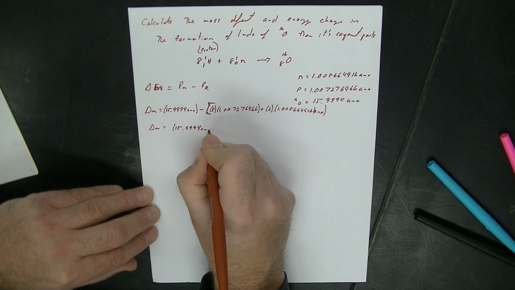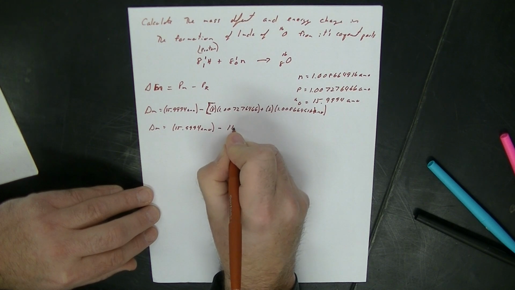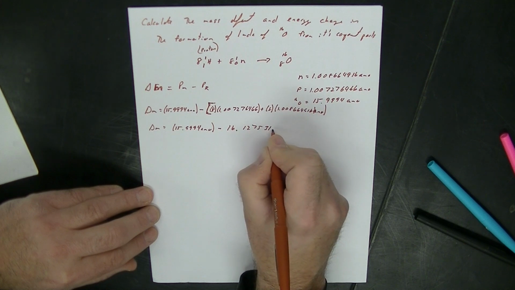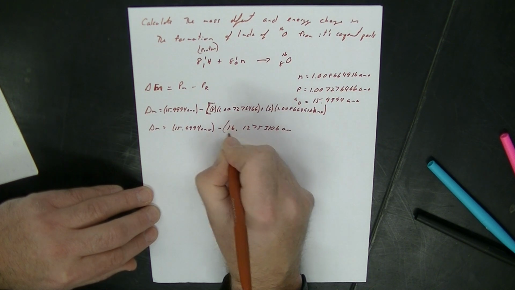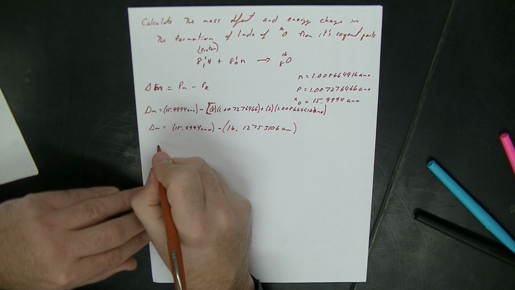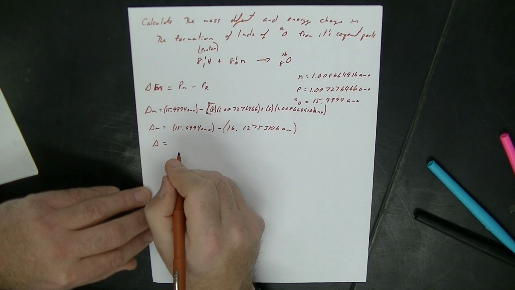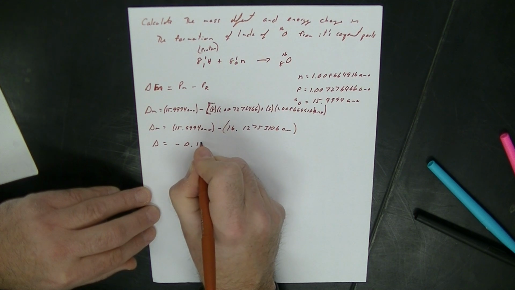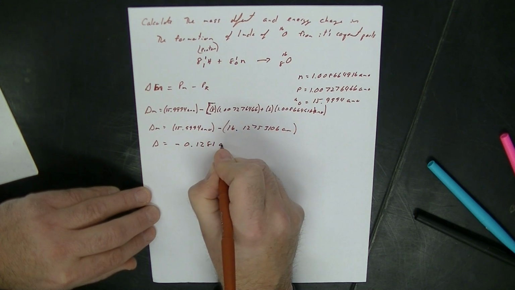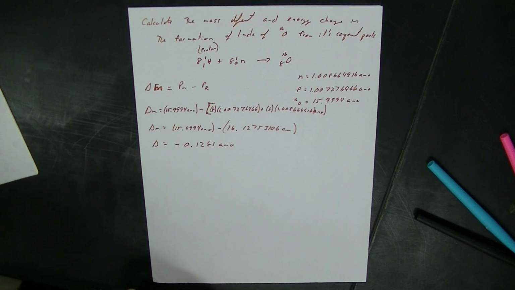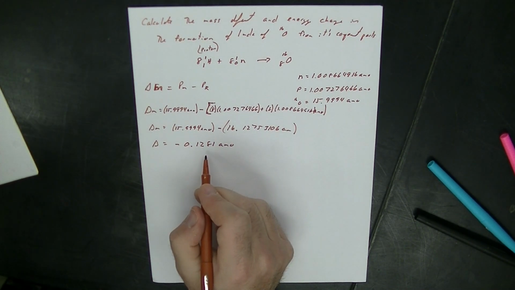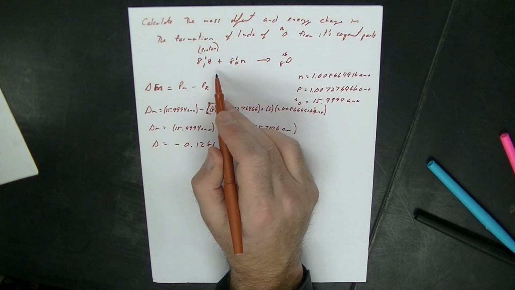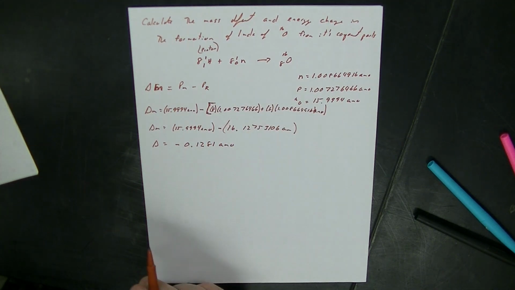So 15.9994 AMUs minus 16.12753106 AMUs. Our change in mass ends up being negative 0.1281 AMUs. This is how much mass is lost as we go from our individual particles into oxygen 16.